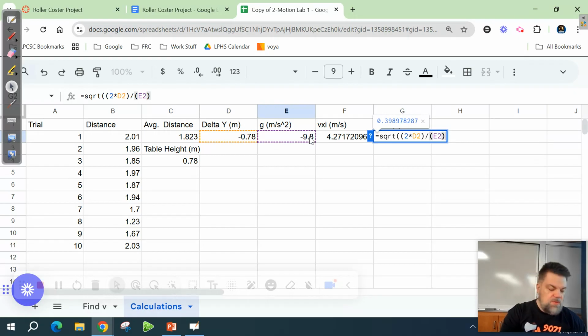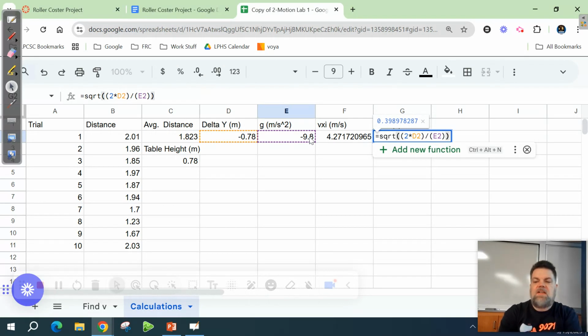But then I have to close the parentheses a second time because I got a fraction trapped inside of a square root. Now, if you're missing one of the parentheses, it'll give you a wrong answer. So double check and make sure you've typed it the way that I've typed it. I can zoom in a little bit if it helps.